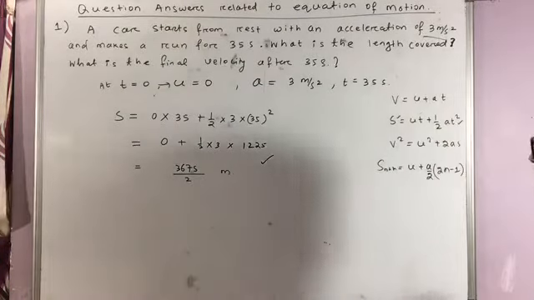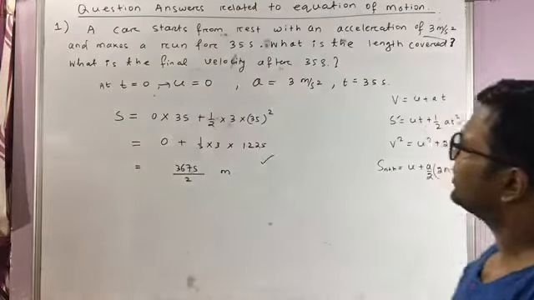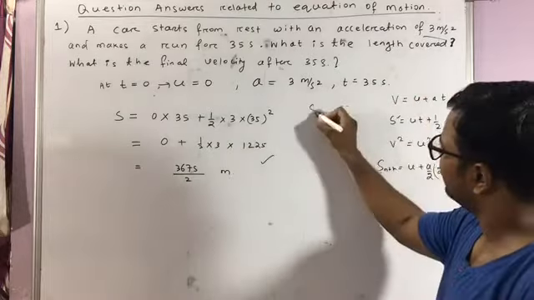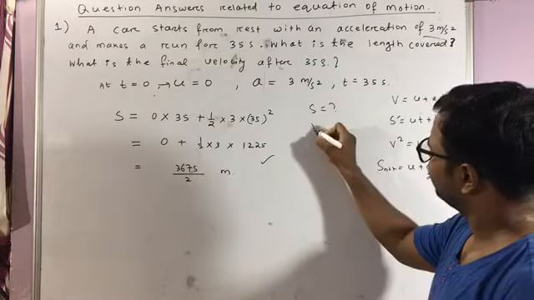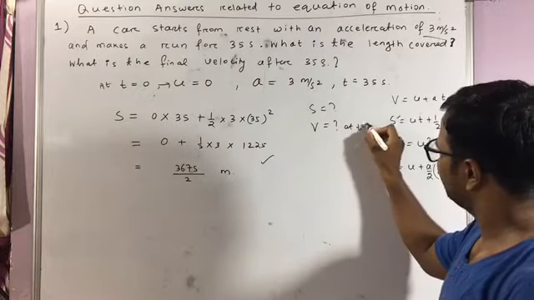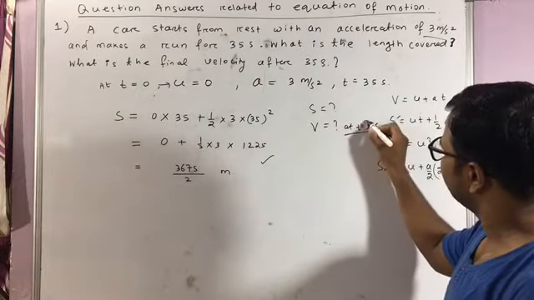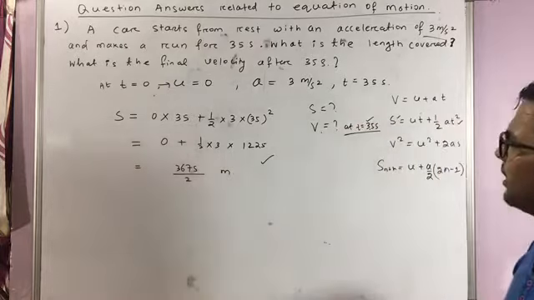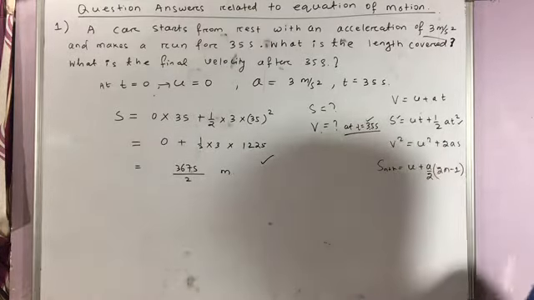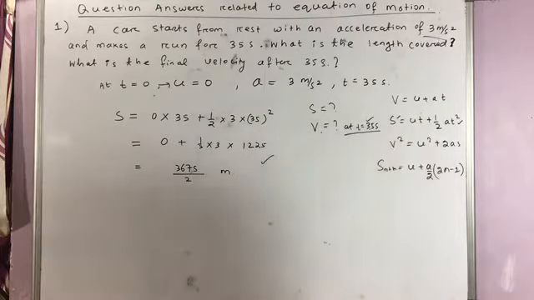Now the second question: what is the final velocity after 35 seconds? In the first case you were asked to calculate s, in the second case you are asked to calculate v, at t equal to 35 seconds. Now which equation do you need to take?